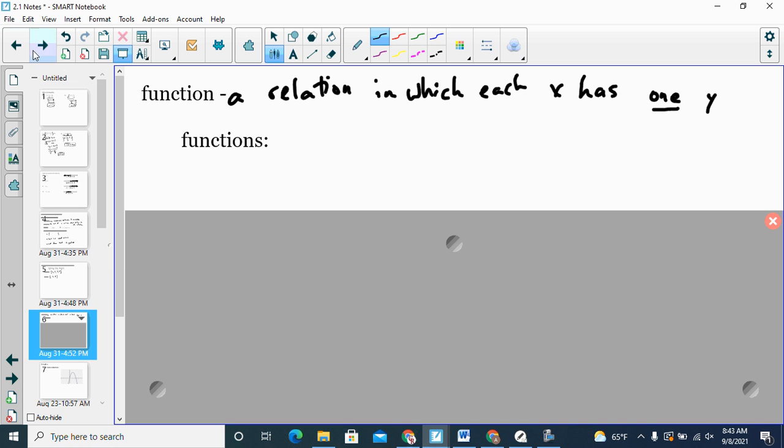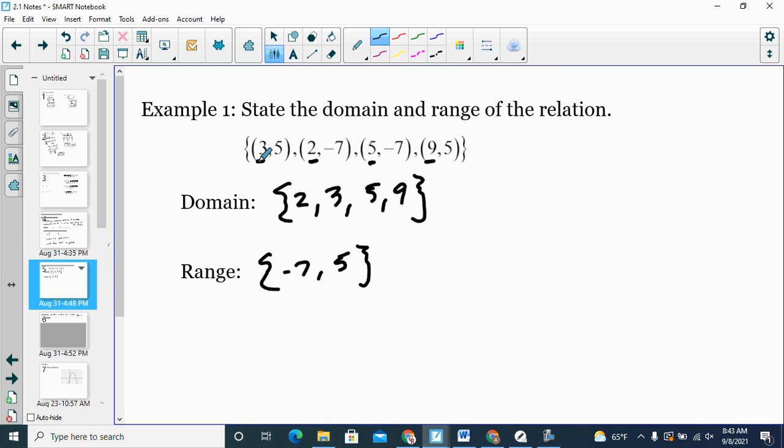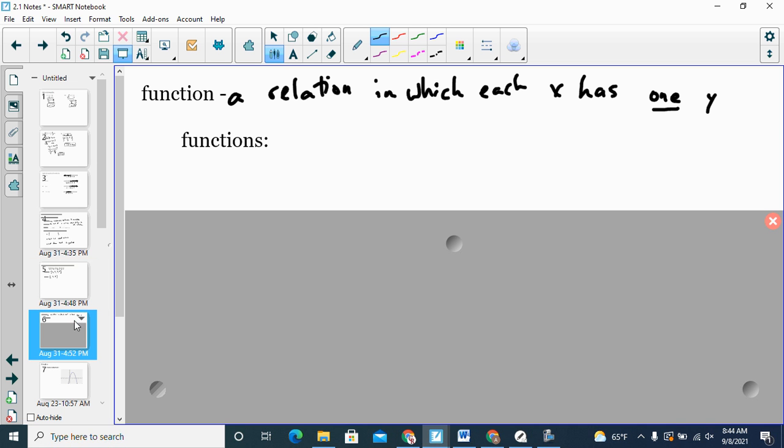So that example we just looked at here, the x value 3 has one y value 5. The x value 2 has one y value -7. The x value 5 has one y value. It happens to be -7 also. That's okay. The x value 9 has one y value 5. It's okay that that matched up. Each x has one y. That would be a function.